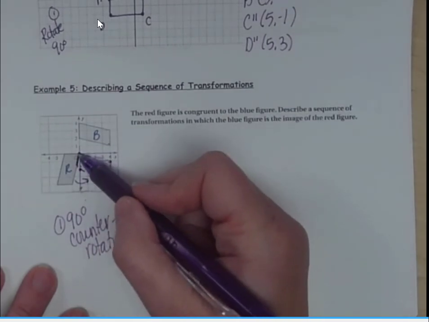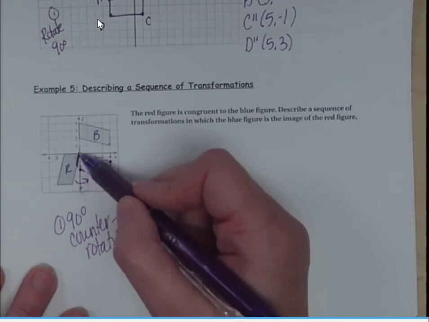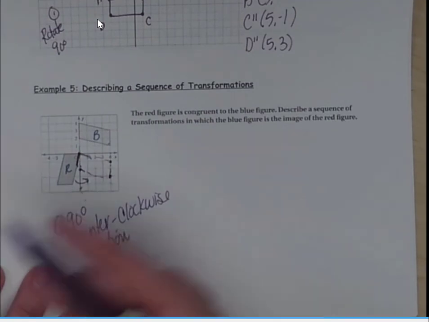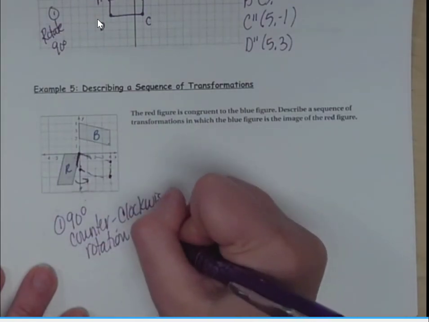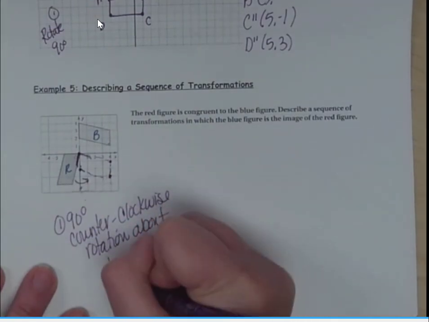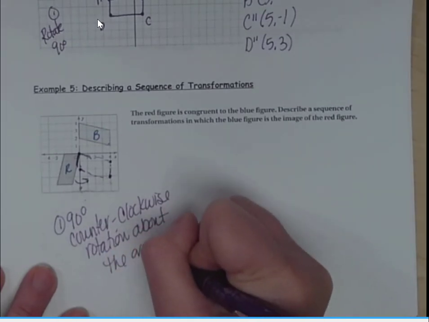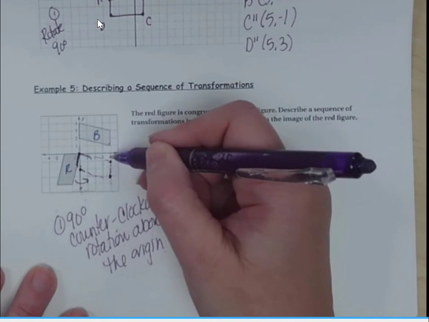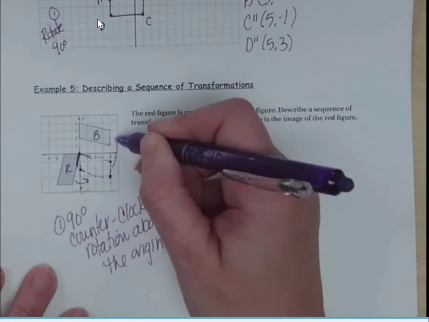We have to make sure we're talking about a rotation, and where is it rotating? Well, it's at the origin. I could have said this vertex if that was also a point there, but because it's at the origin, we're going to say a 90-degree counterclockwise rotation about the origin. Then next, I went up 1, 2, 3, 4.